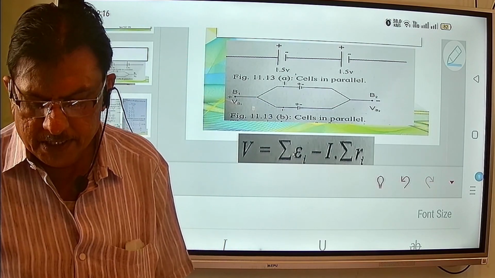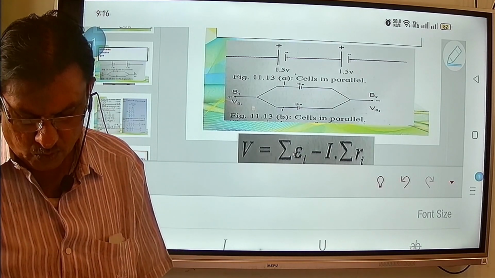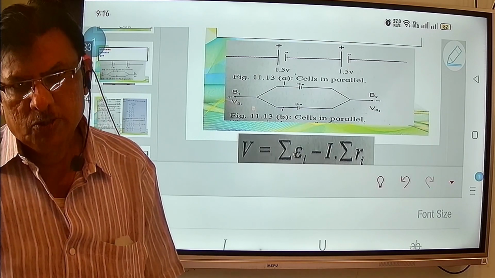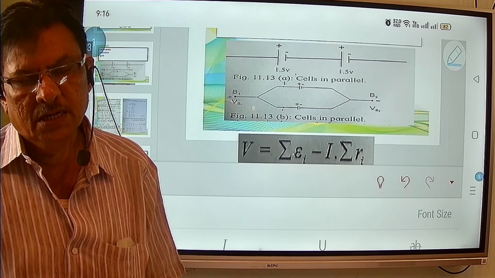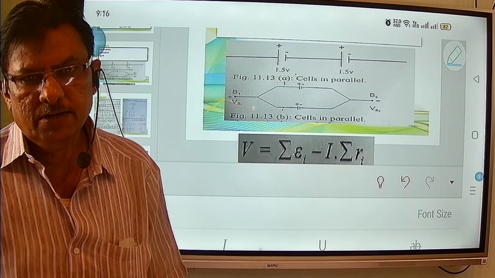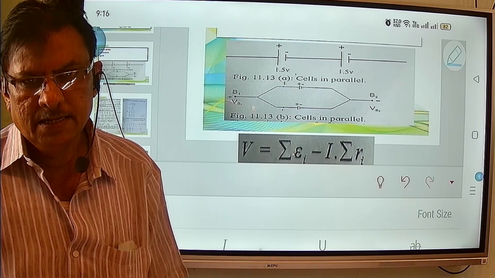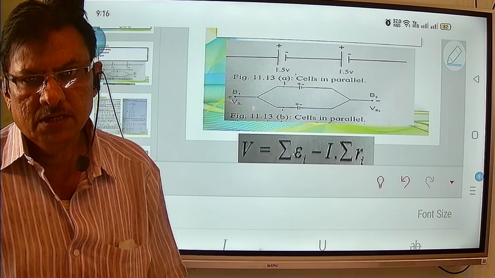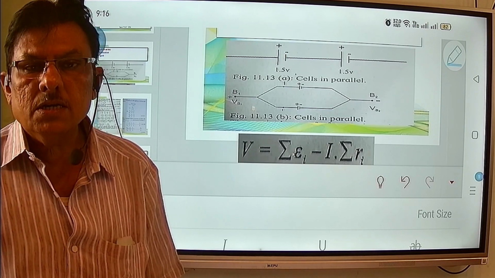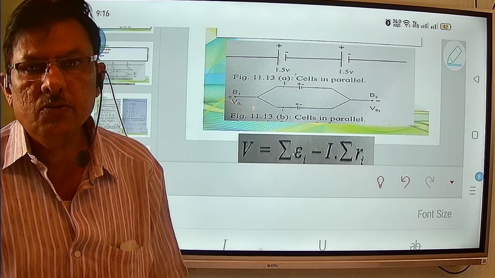Now what are the advantages of cells in series? They are given only two advantages. When you connect in series, it produces a large voltage, because I told you, if you take 10 EMFs, all identical with value 1.5, then 1.5 for 10 cells gives you 15 volt.